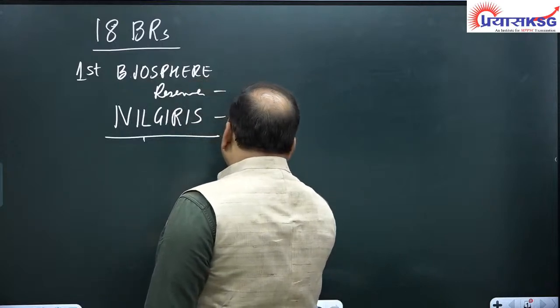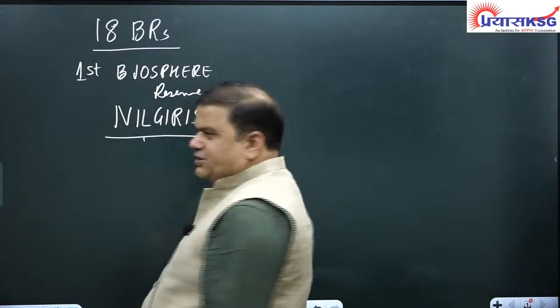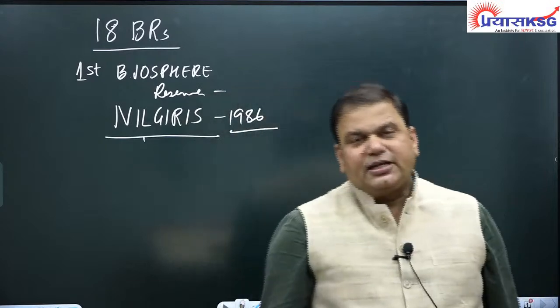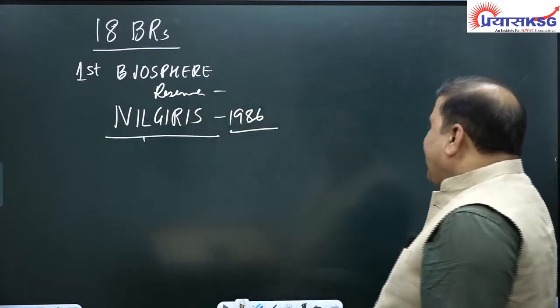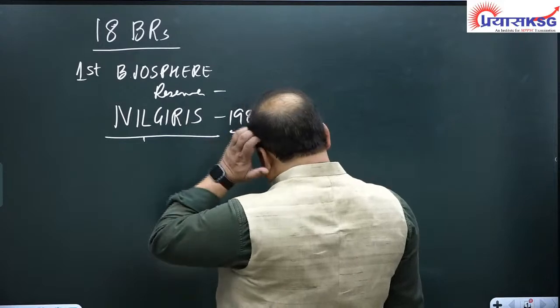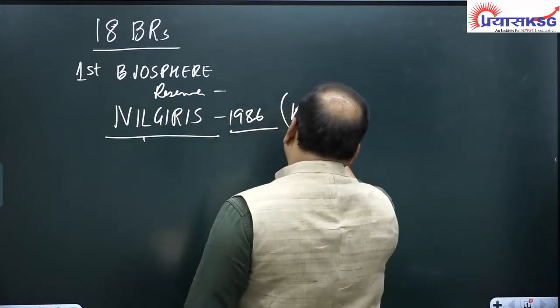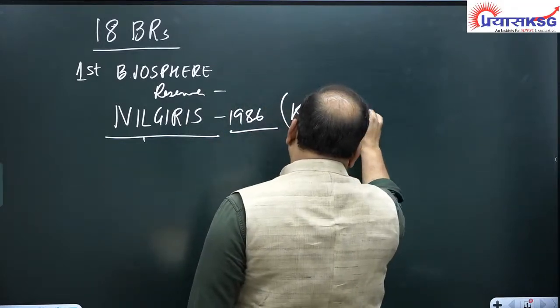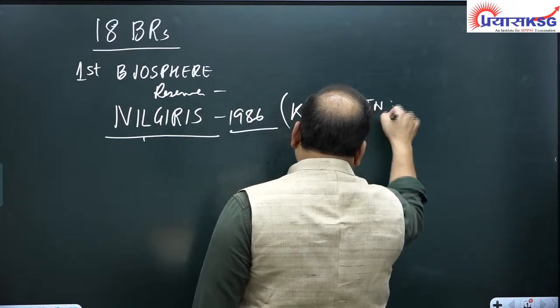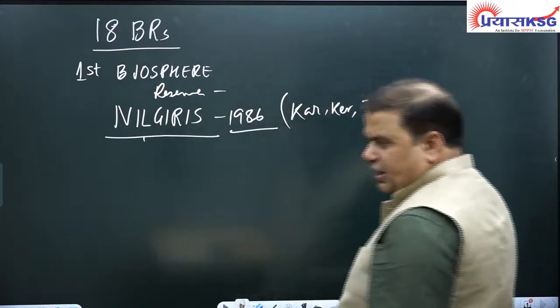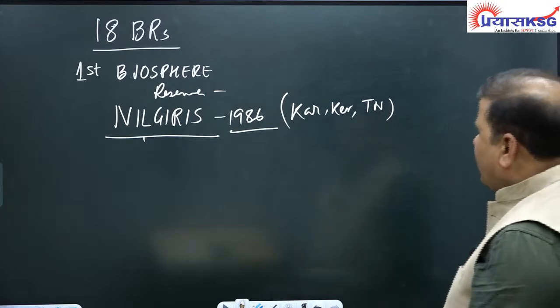It was the first biosphere reserve established and this was established in 1986. And as far as biosphere reserve is concerned, this extends in which state? Karnataka, Kerala and Tamil Nadu.